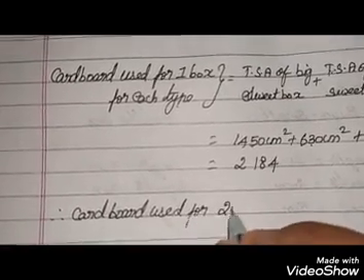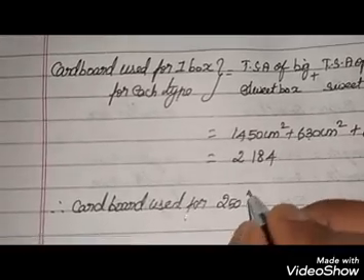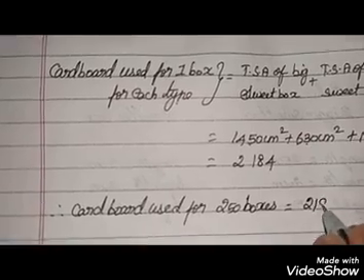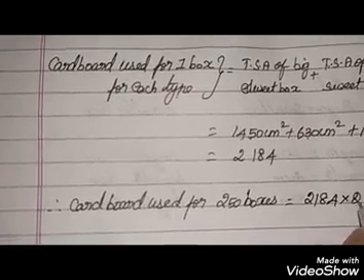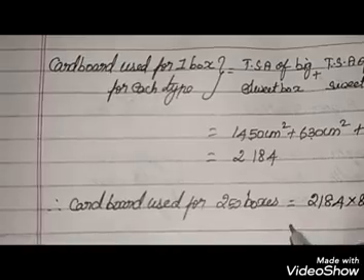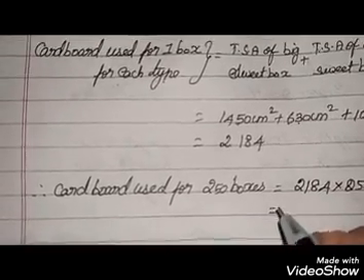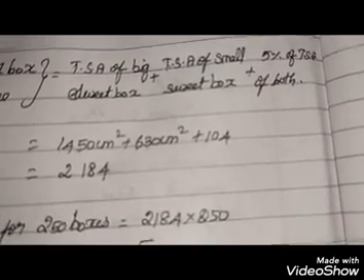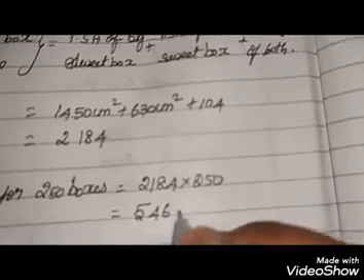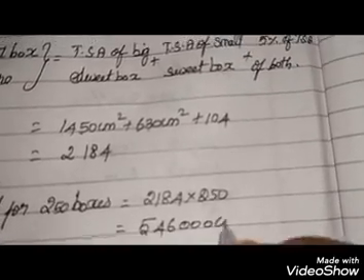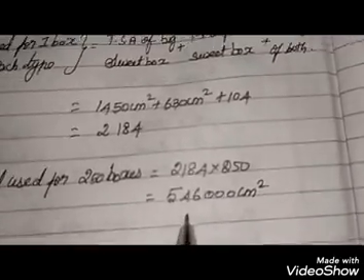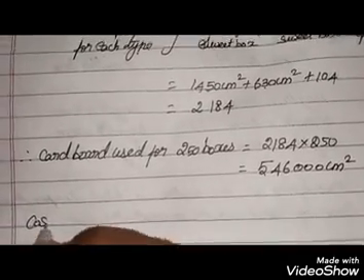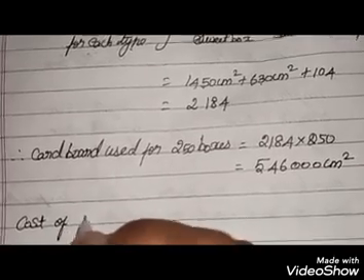Now we find the cardboard used for 250 boxes of each type. We multiply 2184 with 250, and we get 5,46,000 centimeters square. This is for 250 boxes.